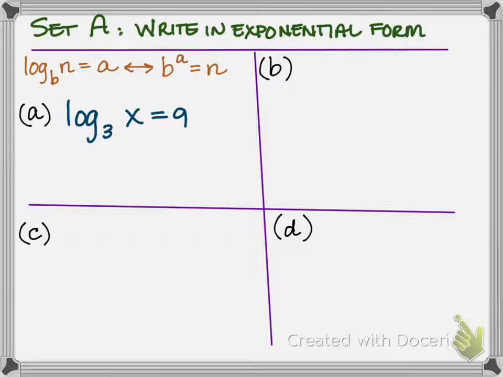We're going to take this and write it as an exponential. Let's use blue. You start with the base, which is the subscript, and you go to the 9 and wrap around and raise it to the power of this one. The way you're rewriting it is you're saying 3 to the 9th equals x. And that's you writing it in exponential form.